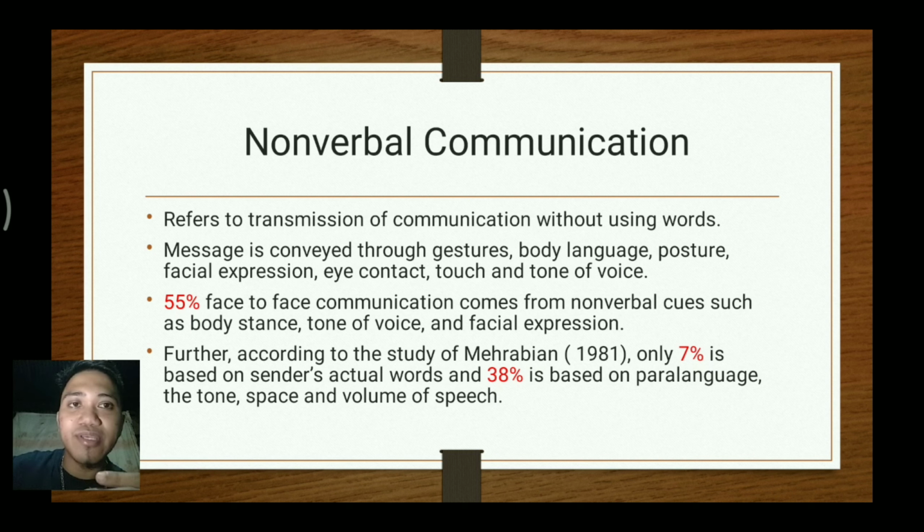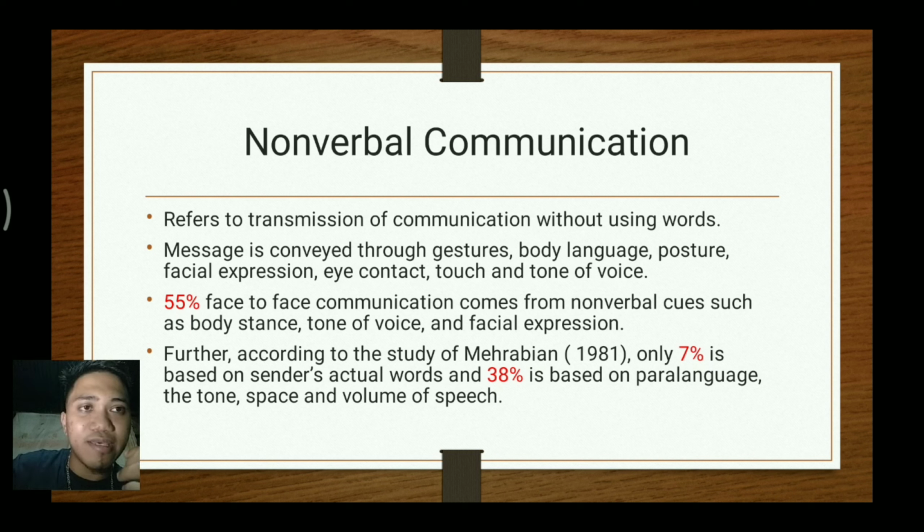And 55% of face-to-face communication comes from nonverbal cues such as body stance, tone of voice, and facial expressions. Further, according to the study of Mehrabian, 1981, only 7%, take note, only 7% is based on a sender's actual words, and 38% is based on paralanguage: the tone, pace, and volume of speech.